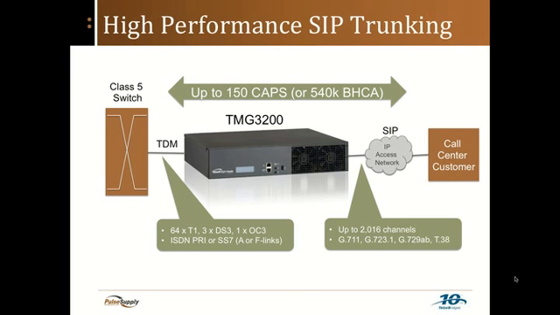So this is one way you can enable your TDM switch and extend its life by putting a gateway in front of it and allowing the gateway to provide SIP services off of the TDM switch.